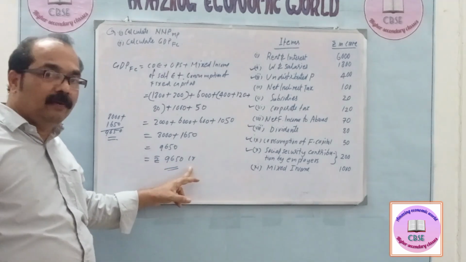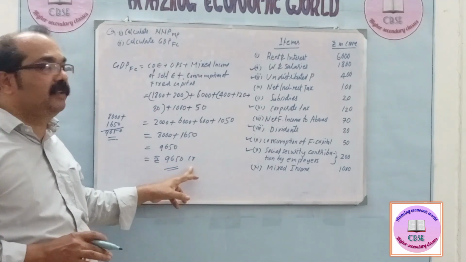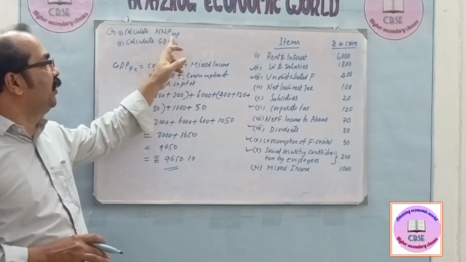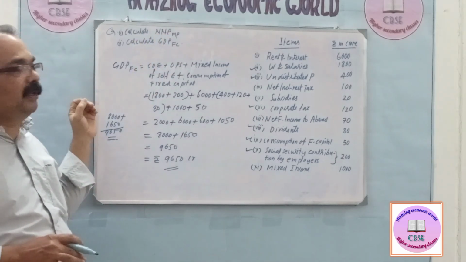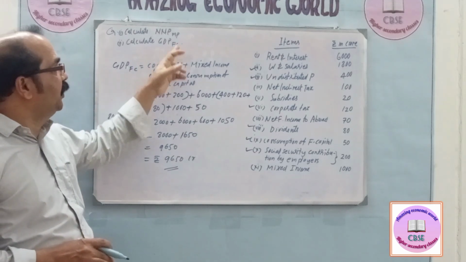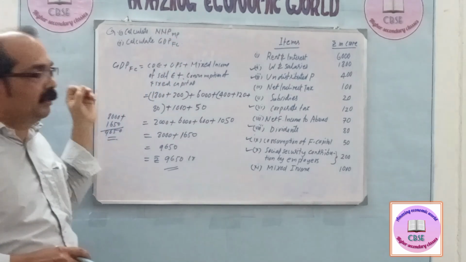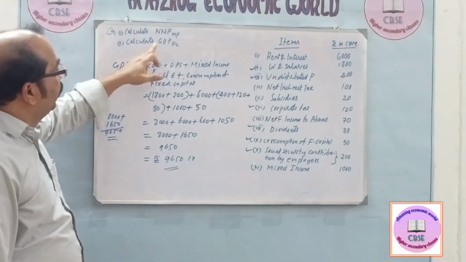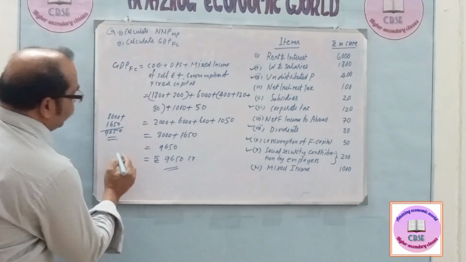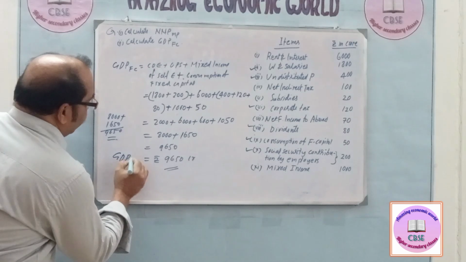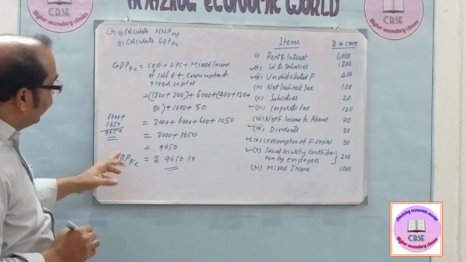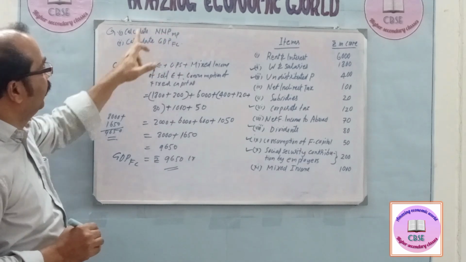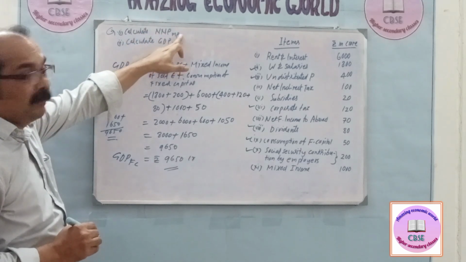One more thing we have to do here. What is that? To find the net national product at market price. How can we calculate it from GDP FC? So listen, this is GDP FC. How can we convert this GDP FC into net national product at market price?